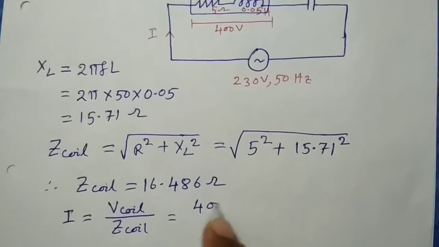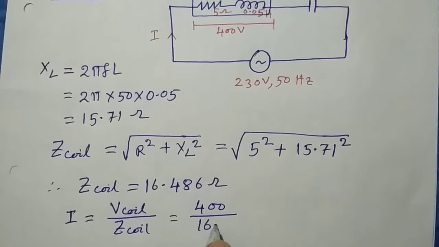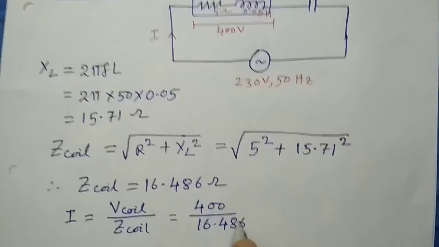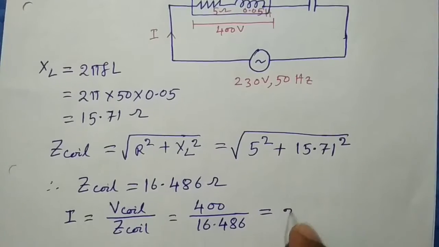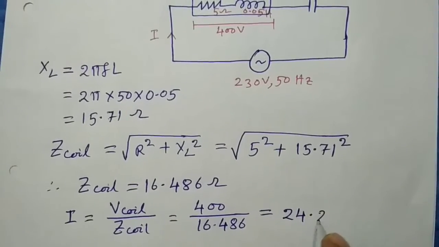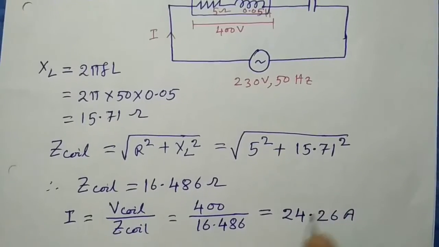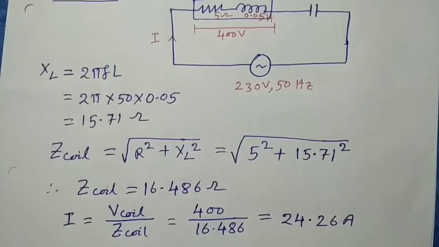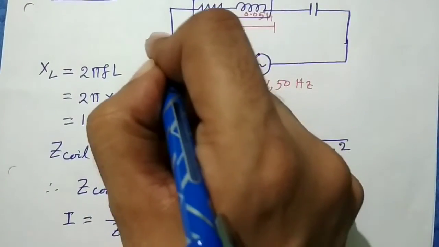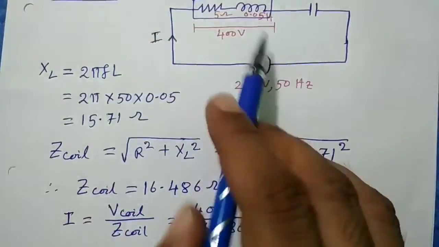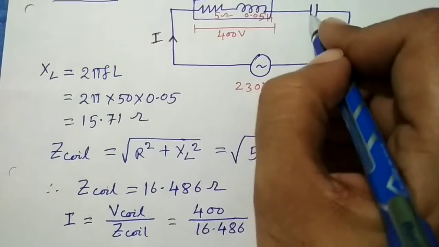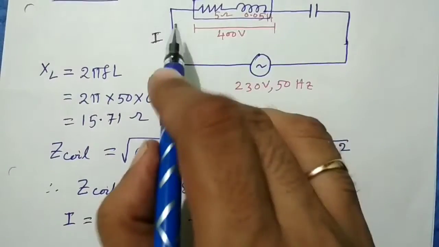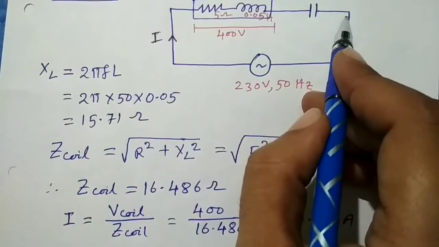So it will be 400 by 16.486 and the value of the current will be 24.26 ampere. So this is the current that is flowing through the coil, and as the coil is connected in series with the capacitor, therefore the same current will flow through the capacitor also.